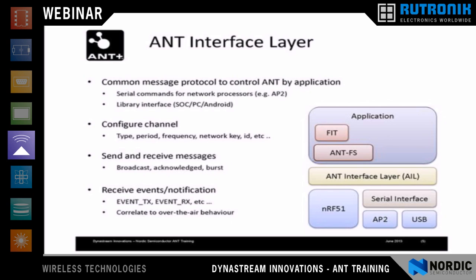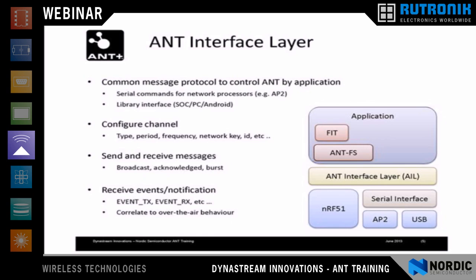So it's a common message protocol and it's supported by serial commands for the network processors, as I mentioned, and also libraries for the system on chip, the PC environment, and an extensive amount of libraries for Android. So you are asked to configure a channel in whatever method you would want using those standards that are there.